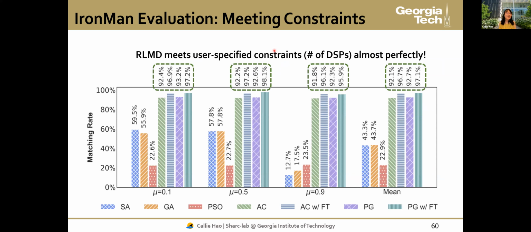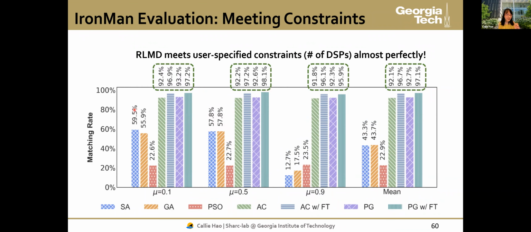And finally, let's see how this RL method can meet user-specified constraints. This is also important: if you have a user constraint, you have to honor it, right? We can see this RL method meets user-specified constraints almost perfectly. More than 90% of the time, it can perfectly meet the user-specified constraint, like in these cases.